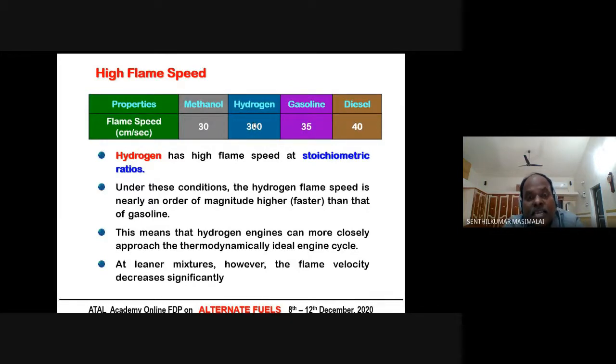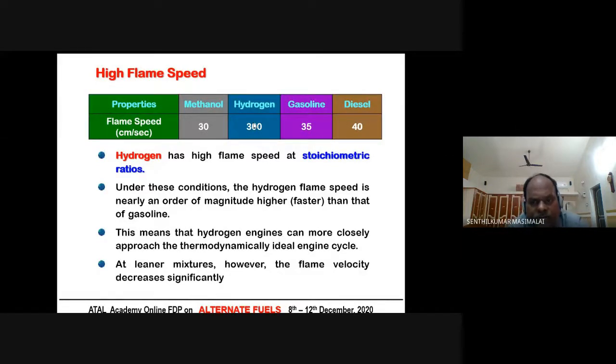In one way, this is advantageous, because immediately after the ignition, the flame will quickly reach the end of the combustion chamber. In our spark ignition engine, we have the spark before the piston reaches the top dead center. At the end of the compression stroke we have the spark and ignition.